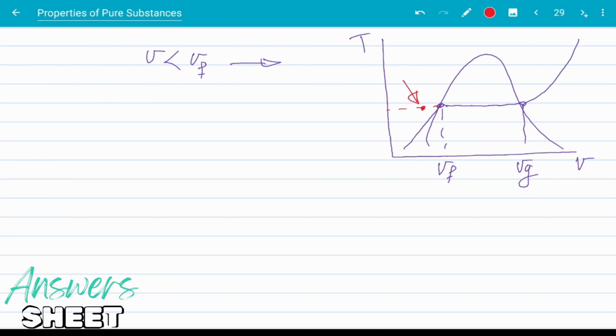Now this area is compressed liquid. So if the volume is smaller than the specific volume of saturated liquid, we can conclude that we are in the compressed liquid area and go check the table for compressed liquid.